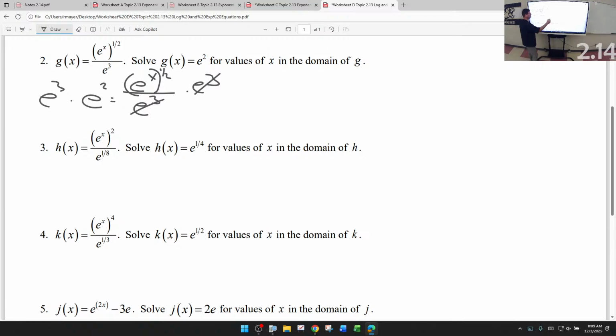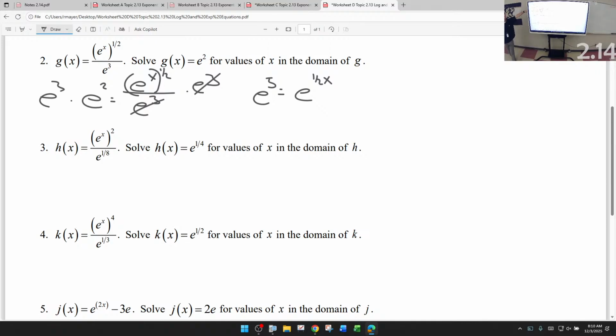So I got e to the 5 equals e to the x to the 1/2. I'm going to go ahead and do a power to a power. Because power to power, you multiply. And I got e to something is equal to e to the something. Basically, those somethings have to be equal, or you take the natural log of both sides. Whatever you want to do. Officially, you're taking the natural log of both sides.